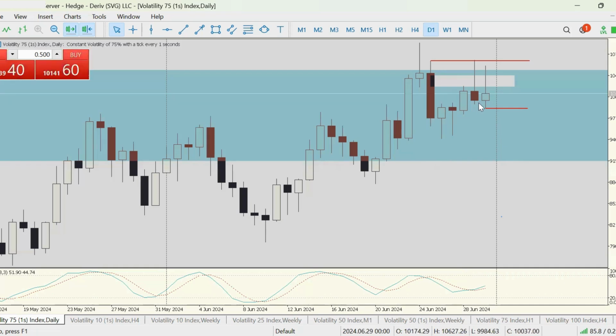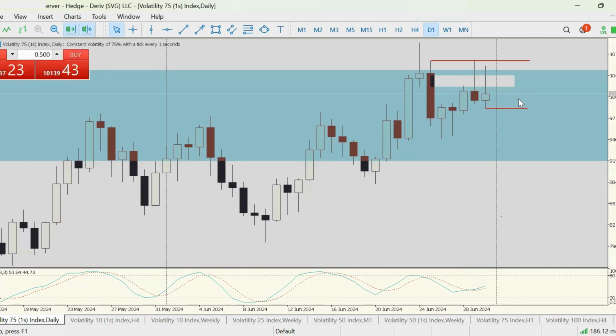But maybe if it was a forex pair, I wanted to see how the New York kill zone, how price was going to play out based on the highs and the lows that will be formed from the London session. But we can't do that here.